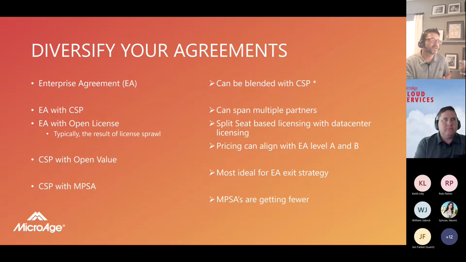And then pricing can align with EA level A and level B as far as CSP agreements are concerned, so you definitely want to do some cost comparisons there. CSP with open value is the most ideal for an EA exit strategy. If you're on an EA and you're thinking about getting out, most of the time the answer is CSP blended with an open value agreement, because you can transition that software assurance out of the EA into software assurance in the open value agreement.